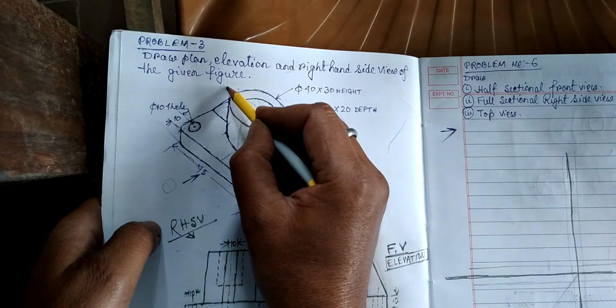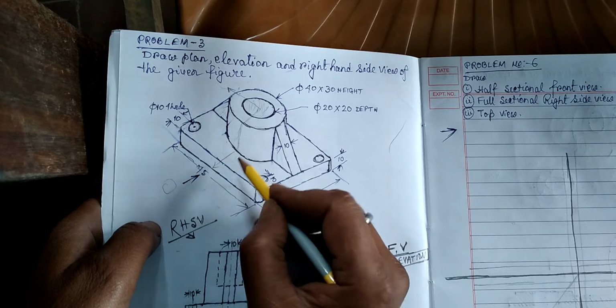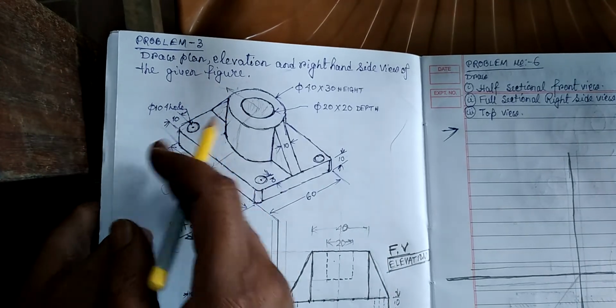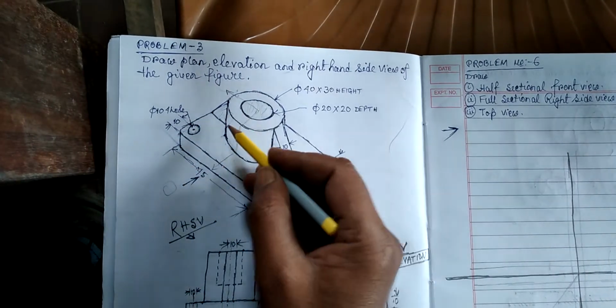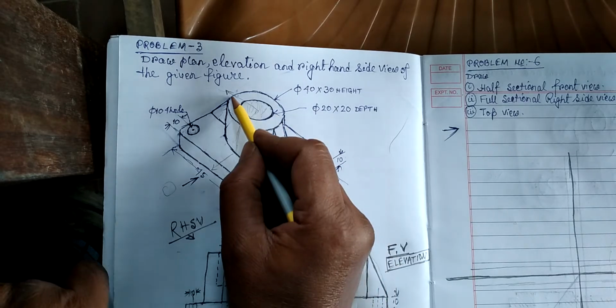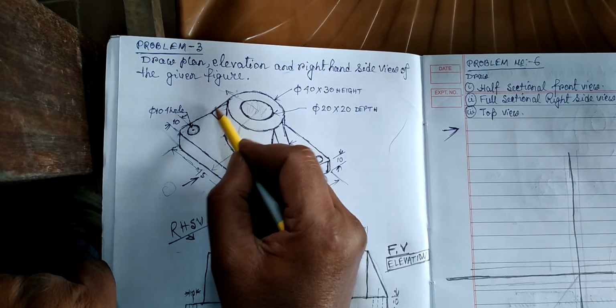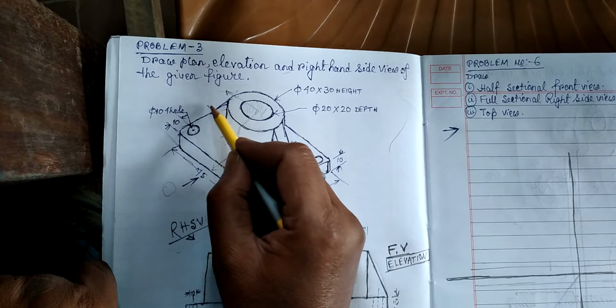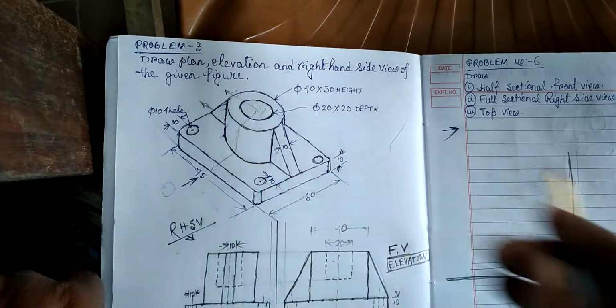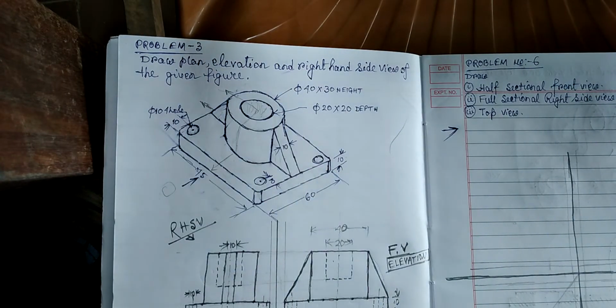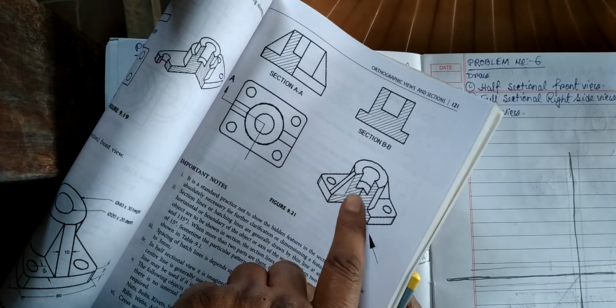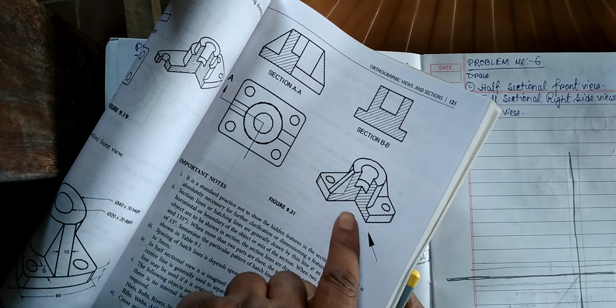We remove this 1/4 portion of the total object. This is the half section, just like this, and from here cut this portion. I am showing you a figure, that is this portion. This is the half sectional front view.